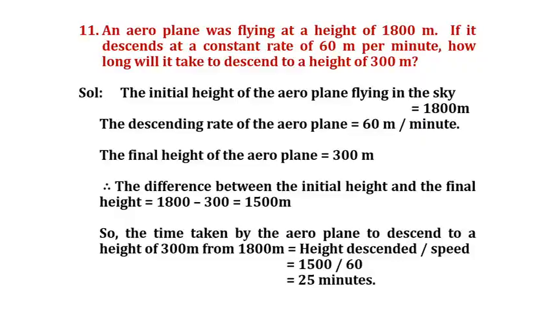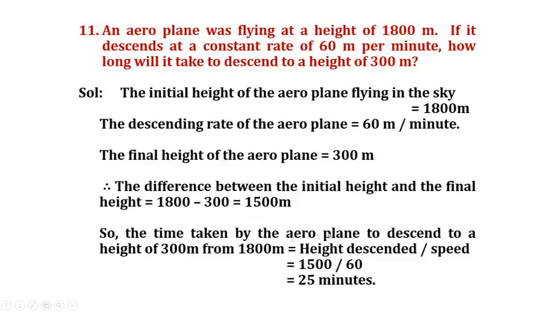So observe here, the initial height of the aeroplane flying in the sky is 1800 meters. The descending rate of the aeroplane is 60 meters per minute. The final height of the aeroplane is equal to 300 meters. Therefore, the difference between the initial height and the final height is 1800 minus 300, which is 1500 meters.